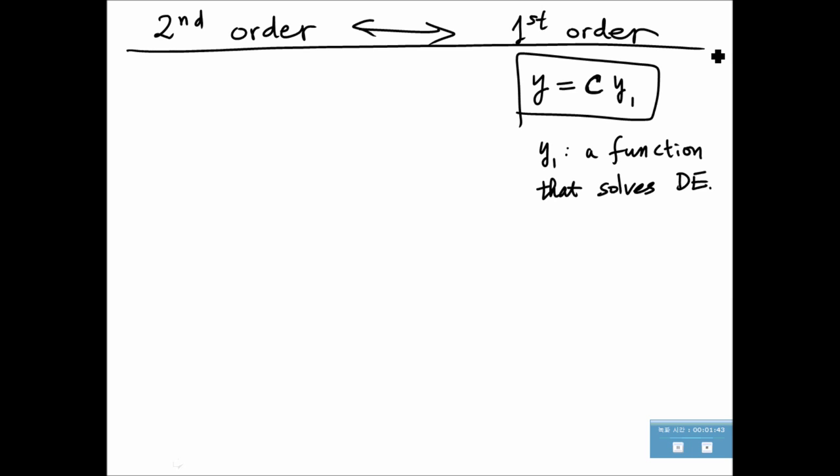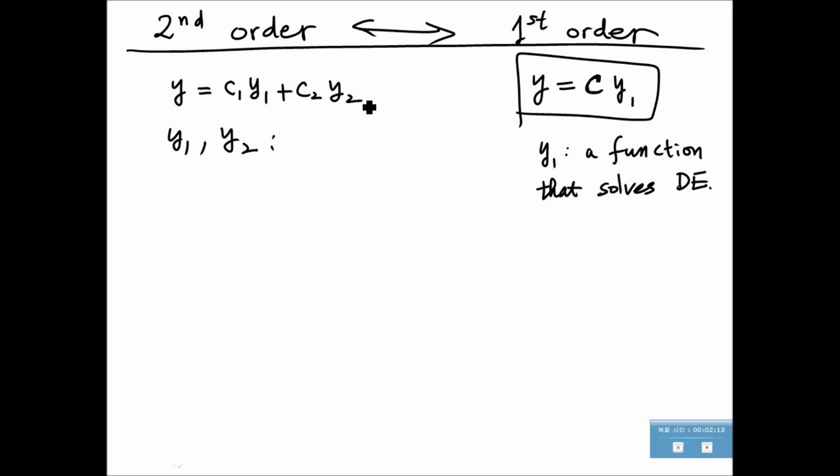But now, what about second order? What could be your guess? The natural extension of this is you could have y1 and y2 that solve the given differential equation, right? Then you could write it that way.